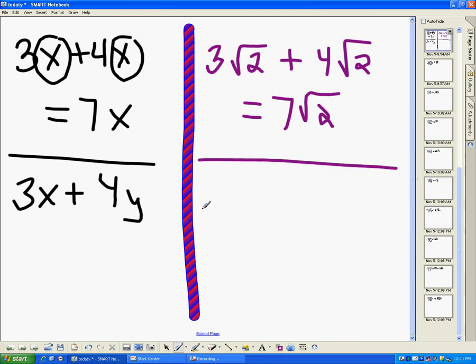However, if they do not have the same radicand, if you have 3 square root of 3 plus 4 square root of 2, there's nothing you can combine here because there's different radicands under the radical symbol.